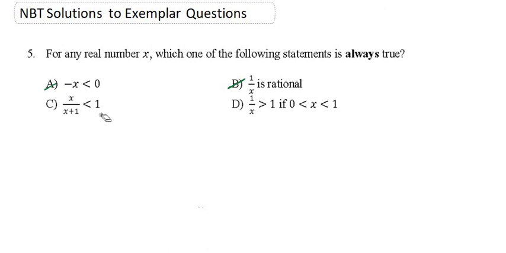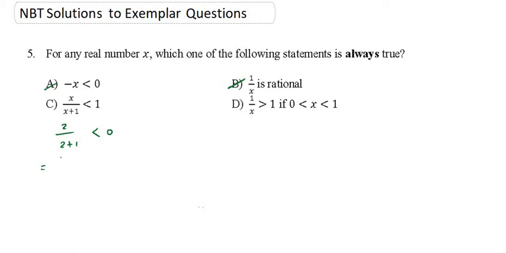For C, x over x plus 1 is less than 1. Let's just take random numbers and check them out. This is exactly how to see whether this is always true or not. Take some random numbers, play around with it, and see if it always works out. Let's substitute 2 into this.